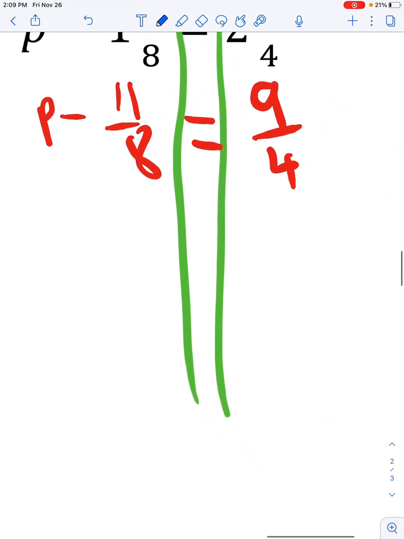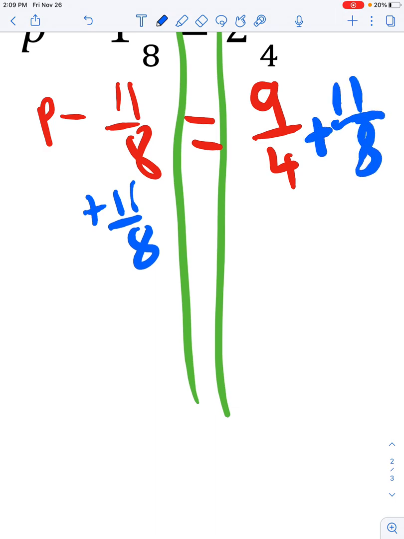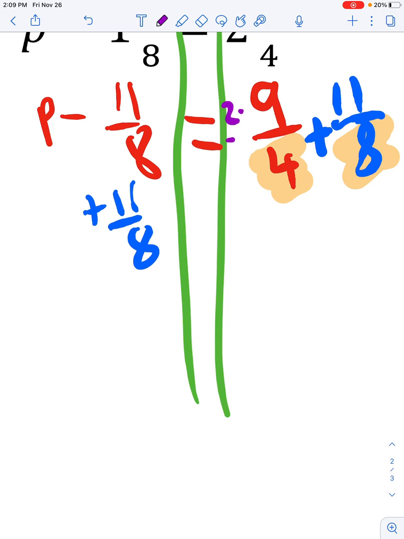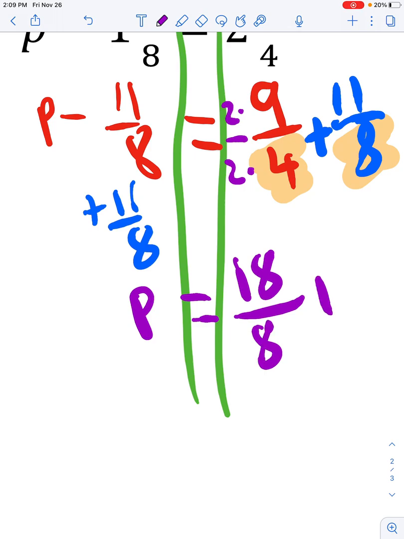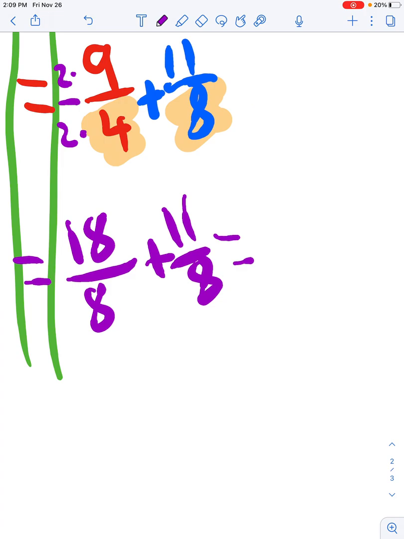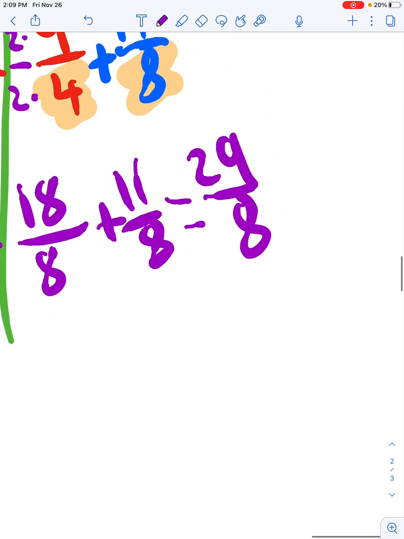We're going to solve it like we solve every equation. The opposite of subtracting 11/8 is to add 11/8 on both sides. I don't have common denominators yet, so I'm going to multiply this top number and this bottom number by 2. Therefore, P equals 18 over 8 plus 11 over 8. 18 plus 11 is 29 over 8.